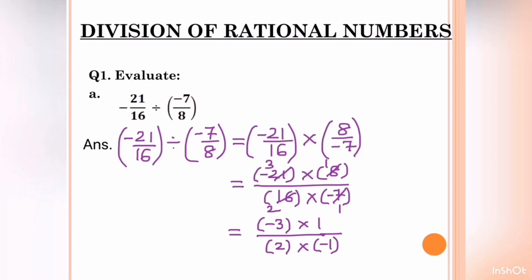Minus 3 times 1 is minus 3 by, in the denominator we have 2 times minus 1, which is minus 2. Now we have both numerator and denominator with the same sign, so it is a positive rational number. So we get 3 by 2. Since it is in improper form, we will convert this into mixed form, which is 1 and 1 by 2. This is the answer.